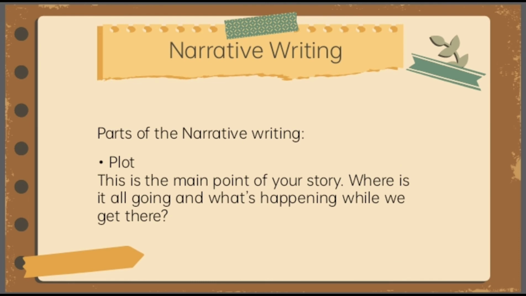Another part of narrative writing is plot. What does plot mean? This is the main point of your story. Where is it all going and what's happening while we get there? Plot can often include any conflict, but is usually a bigger main portion of your story, and therefore the narrative.